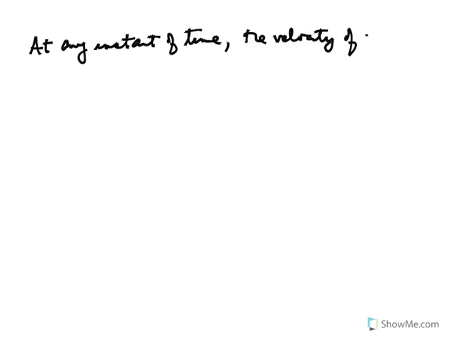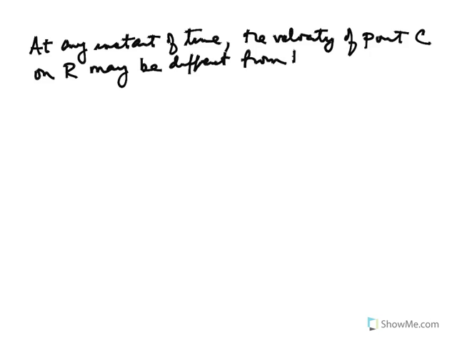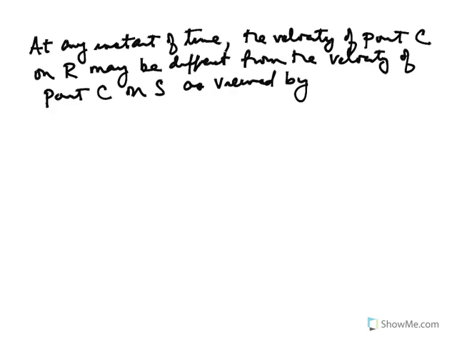At any instant of time, the velocity of point C on R may be different from the velocity of point C on S as viewed by an observer in an arbitrary reference frame A.